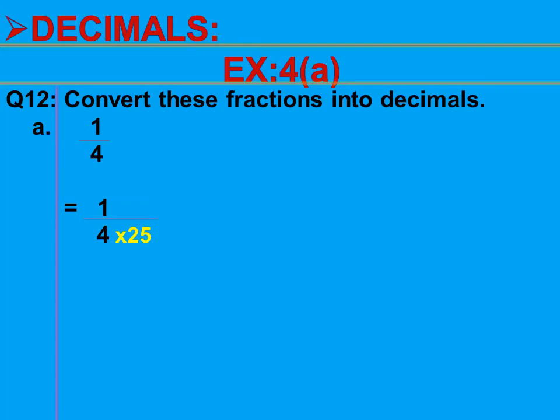But when we multiply the denominator by 25, at the same time we have to multiply the numerator also by the same number, that is 25. After multiplication, we will get 25 ones are 25 in the numerator and 25 fours are 100 in the denominator.